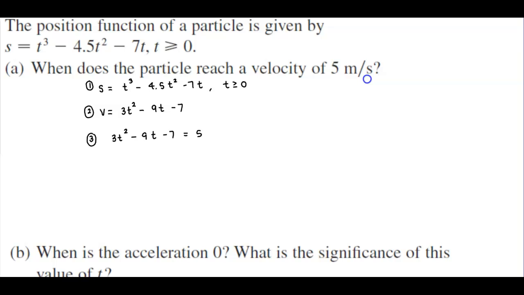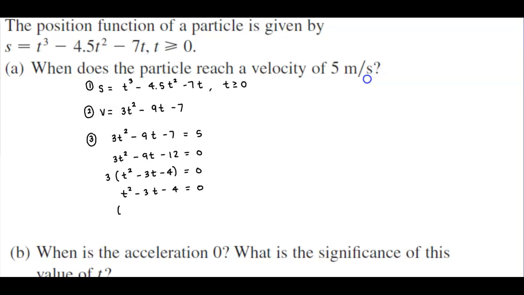So if we subtract 5 from both sides, we get 3t squared minus 9t minus 12 equal to 0. If we factor out a 3, or divide both sides by 3, we end up with t squared minus 3t minus 4 equal to 0.